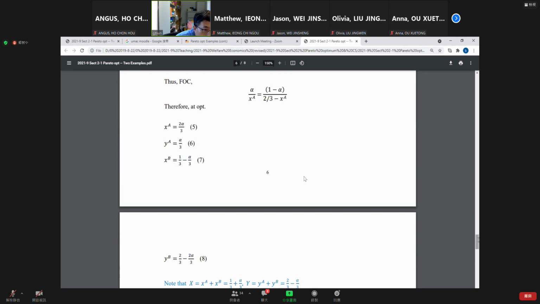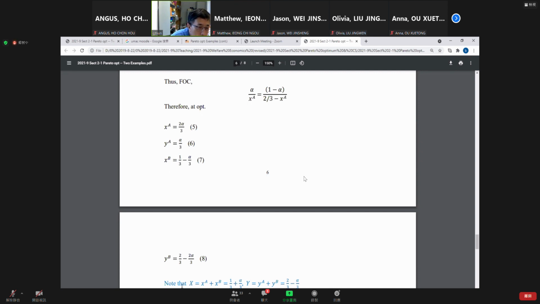Given alpha, we get this one for XA. This is how much of good X Alice should consume at the social optimum. This is YA. This is how much Y Alice is consuming at optimal. This is XB and this is YB.